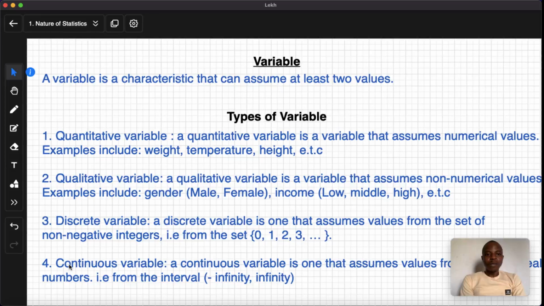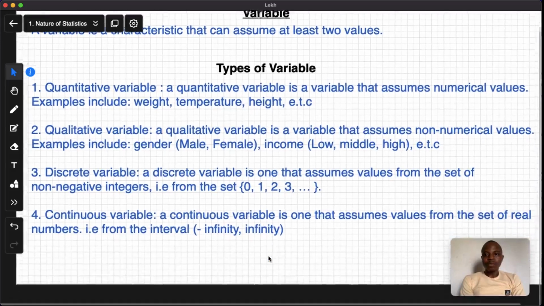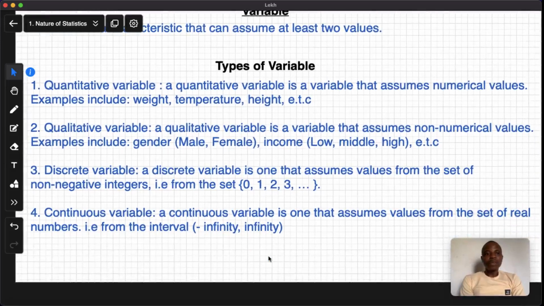Okay, the last one we're looking at is the continuous variable. A continuous variable is one that can assume values from the set of real numbers. And what do we mean by the set of real numbers? We are talking about an interval.